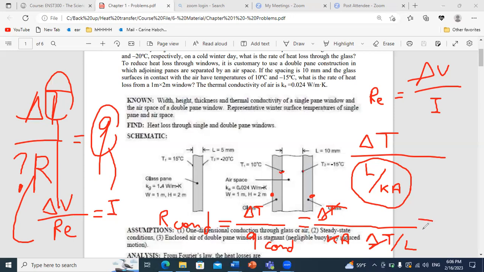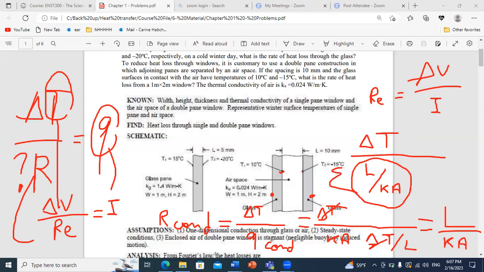So what is the resistance to conduction? It's L over Ka. And this is what we observed here. When we summed the terms, in the denominator we got the sum of L over Ka, so the sum of resistances to conduction.